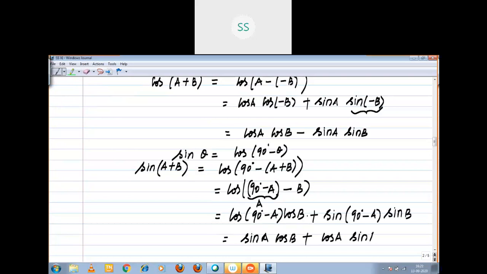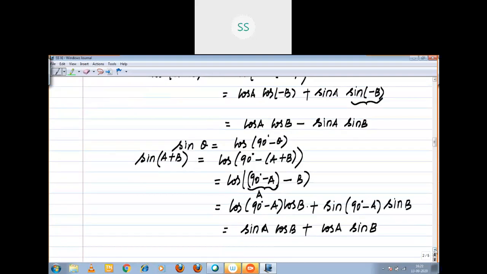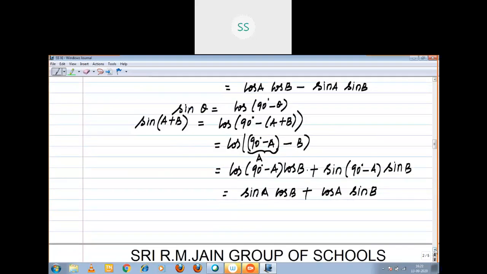Got it, children? The whole thing you consider as A. Cos(A minus B) is cos A cos B plus sin A sin B. Cos(90 minus A), you know, is sin A. So it becomes sin A cos B plus cos A sin B. Got it? What is your sin(A plus B) now? Sin A cos B plus cos A sin B. Using one identity, I am getting the rest of the formulas.